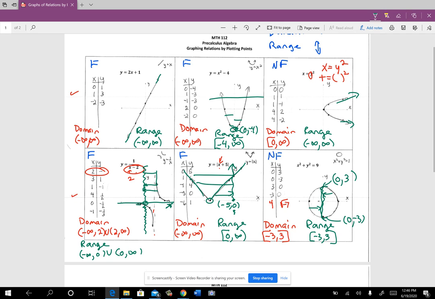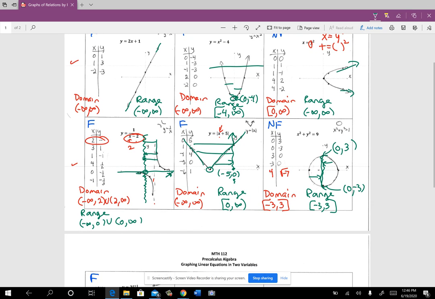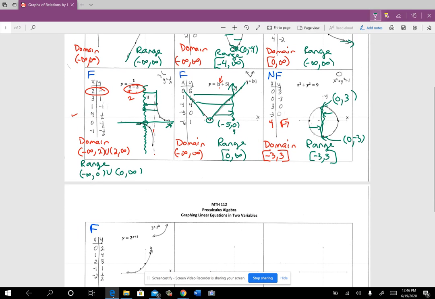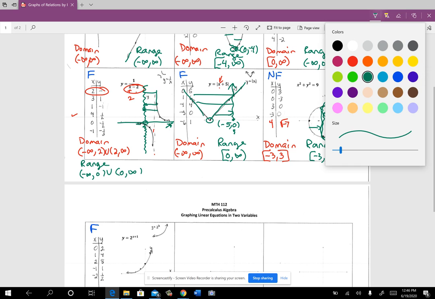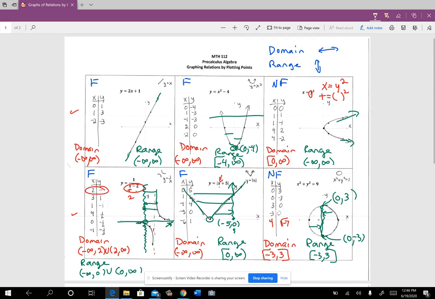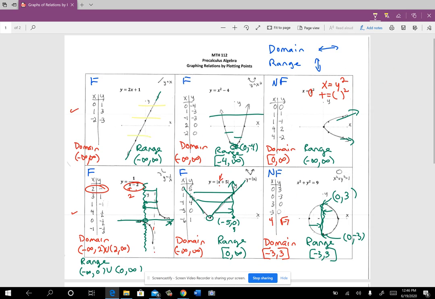Let me get a pen. Line up that way. You didn't have that over here. Do you see how all the graphs in the first column, if you drew a horizontal line, let me get some other color like a yellow, if I drew a horizontal line on the graph, it would only hit them in one spot.